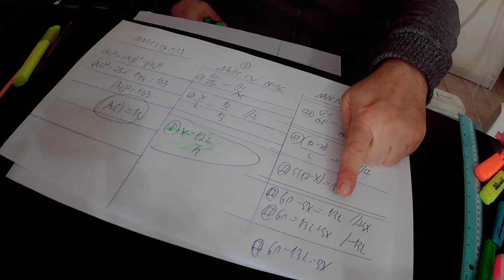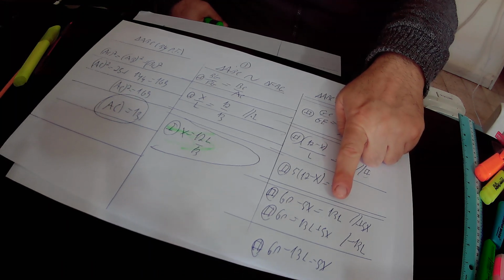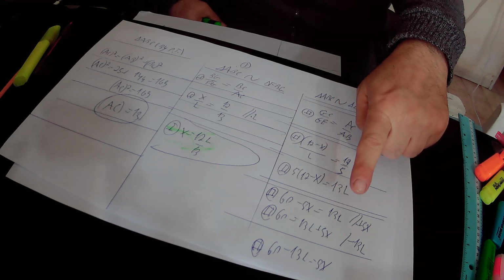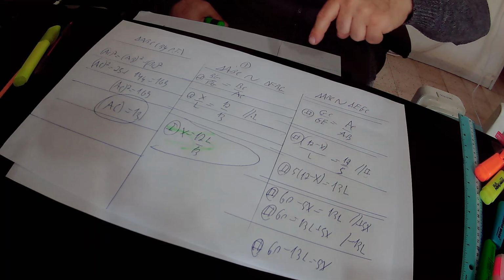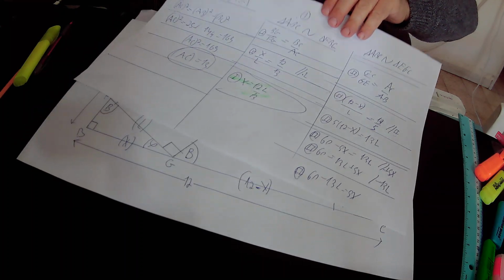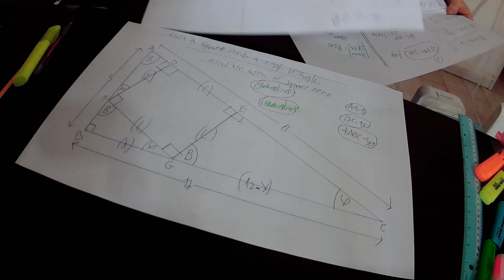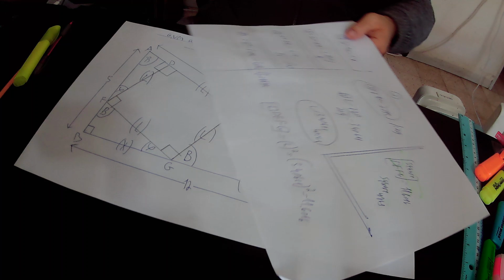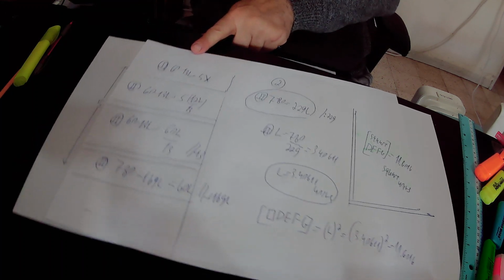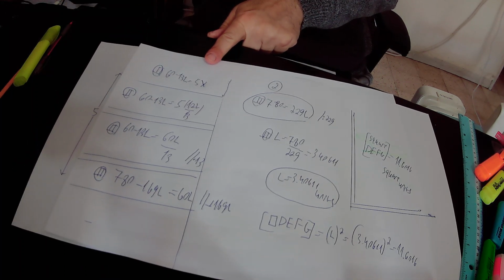Here we subtract 13L, and find that 60 minus 13L equals 5X. Repeat again, according to equation 2, 60 minus 13L equals 5X.